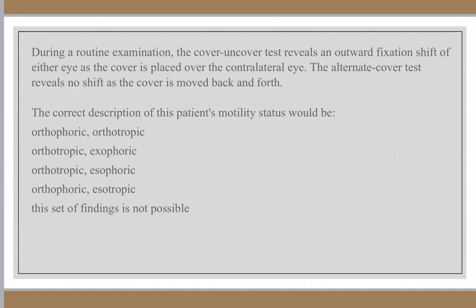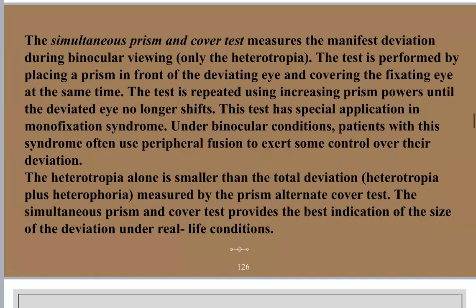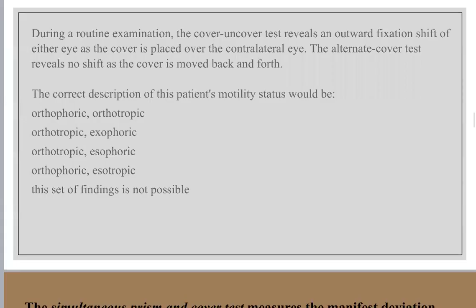IDOC's questions. Here, look at the simultaneous prism and cover test. This is important. Simultaneous cover and prism. Look at this eye here. I have the right eye and the left eye, and this left eye has an esodeviation, and this eye is normal, something like that. You cover the sound eye at the same time you put the prism.